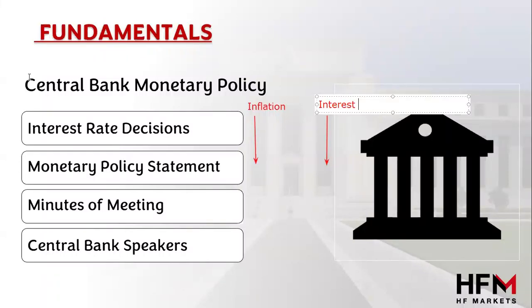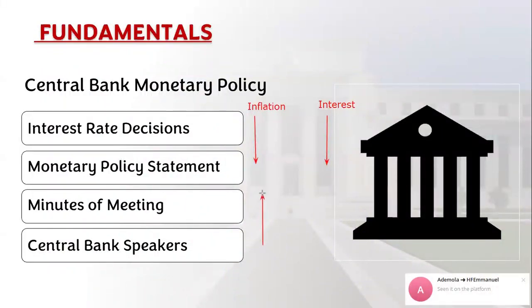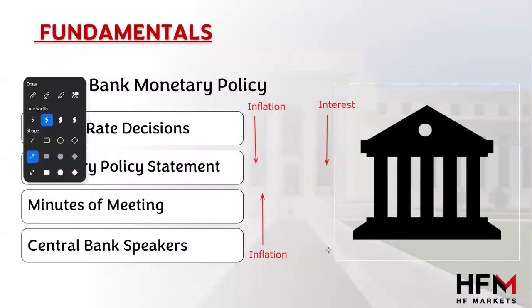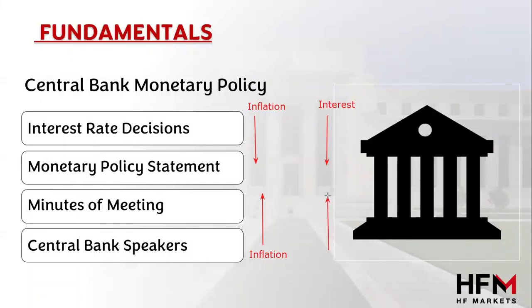And if the economy is growing, what follows is naturally an increase in inflation. So we saw inflation increase so much in the US, and what followed was a corresponding increase in interest rates.